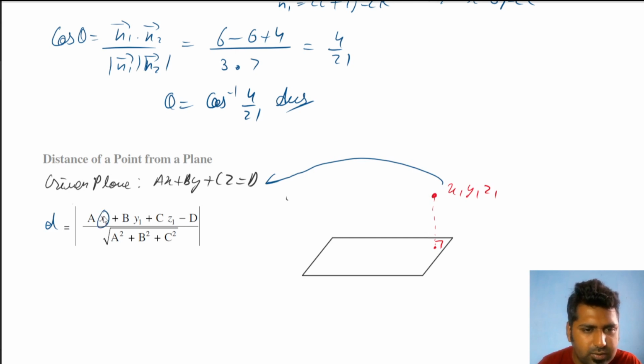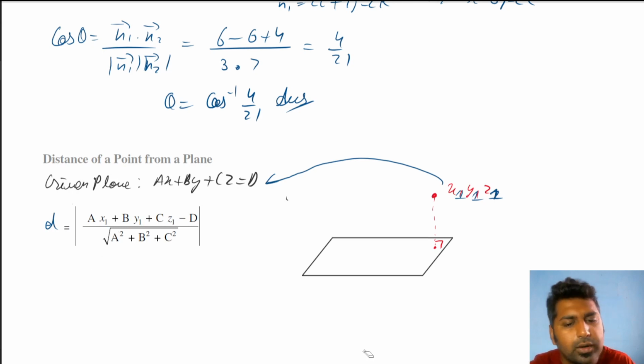That means a x1, b y1, c z1. Replace the values of x, y, z with x1, y1, z1. Minus d, get everything on the left side. And then the denominator is the square root of a square, b square, c square. This is exactly like the distance of a point from a line. Same form. So try to relate it with the distance of a point from a line.